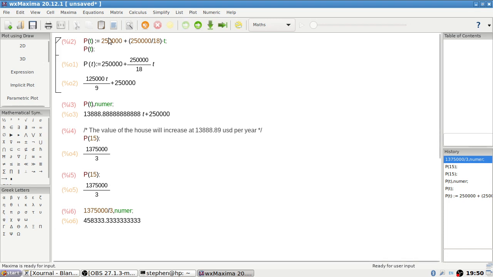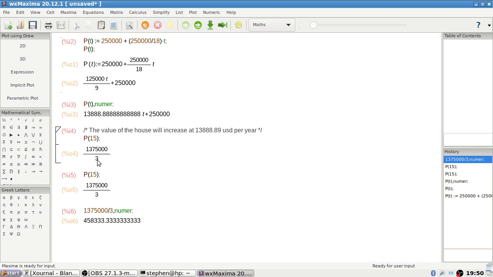Gotta be careful with my letters. PT, there it is. And then we make it numeric. Yeah, the value of the house after 15 years. Okay, I think that's okay.